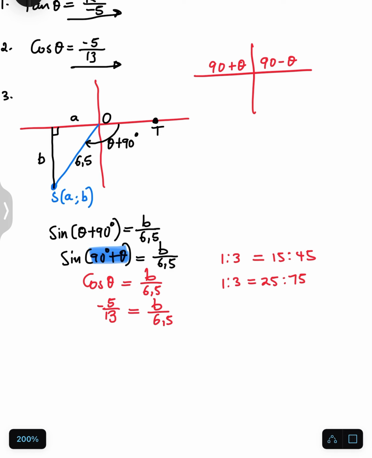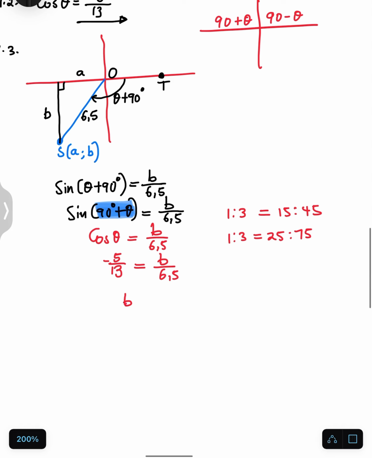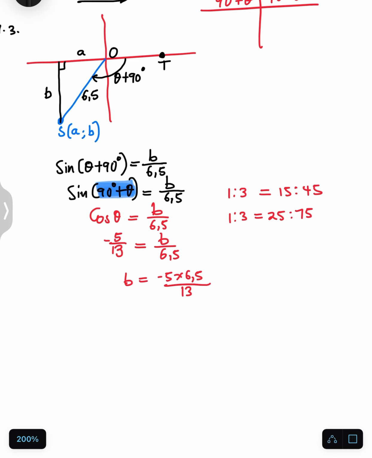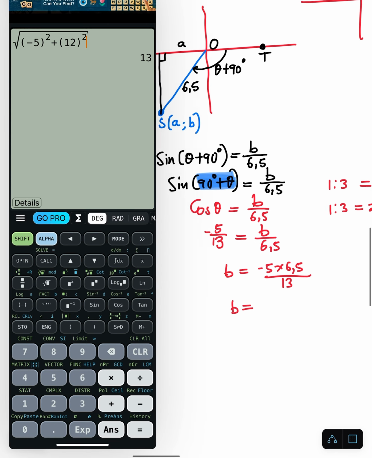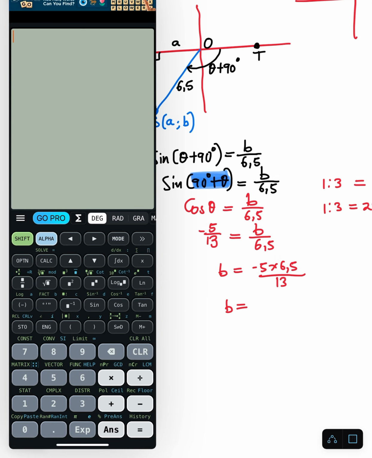If you cross multiply, B will be -5 multiplied by 6.5 over 13. That is when you cross multiply, you will get the answer for B, which will be -5 multiplied by 6.5 divided by 13.